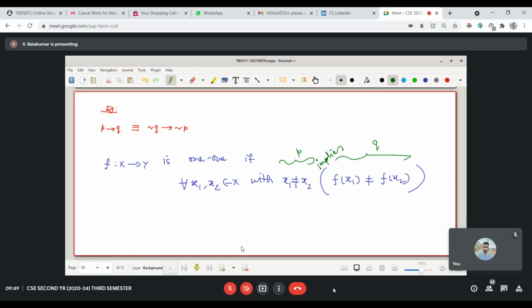Now the same statement I want to write down. That I am writing like for all x1, x2 belonging to X, you see this P implies Q, I want to write as not Q implies not P. Or if you want this implication symbol, we shall write that, no problem.